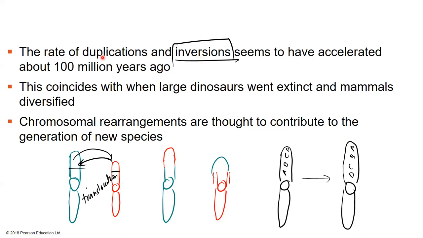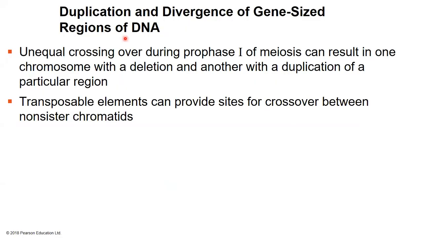Of course, we discussed duplication, which is basically making more copies of genes or DNA fragments or DNA segments. So as you can see, transposable elements provide sites for crossing over.